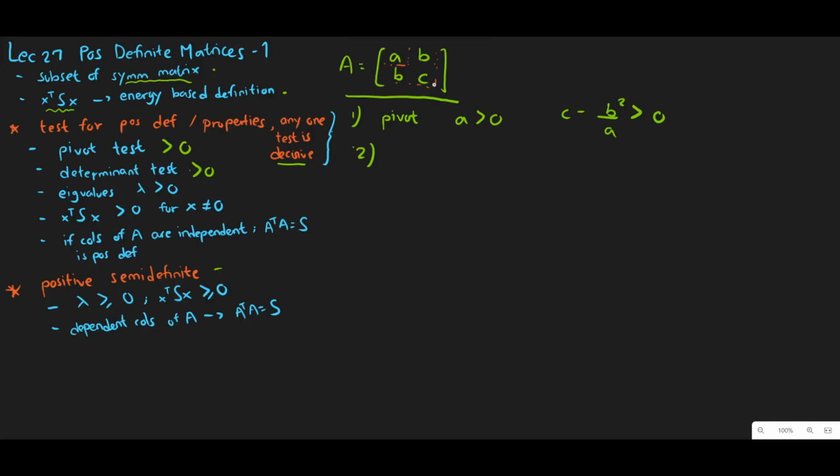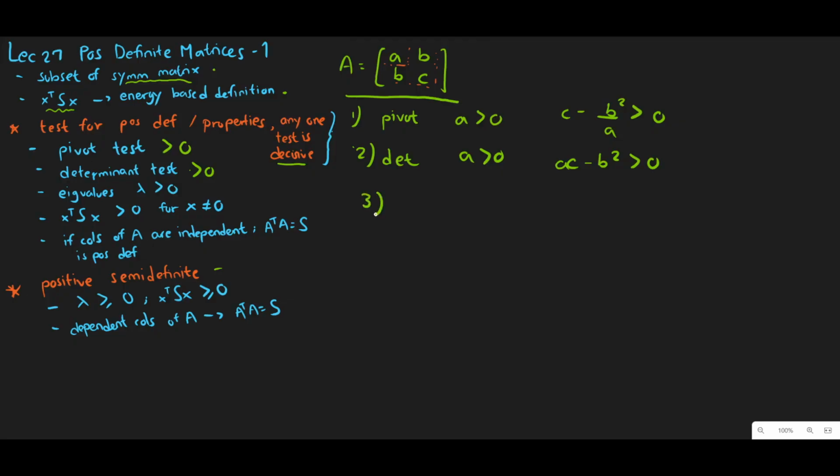So for a 3x3 matrix, you will have to test three of them: the 1x1, 2x2, and 3x3. In this 2x2 example, the A also has to be positive, and also the determinant, which is AC minus B squared, has to be positive as well. So this is the determinant test.